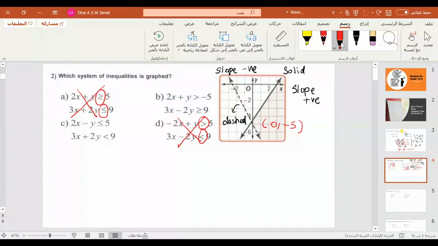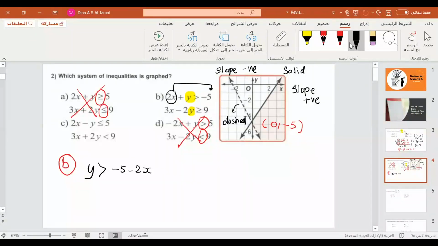So let's now check B and C. Option B: let's keep y alone. At first, you have y greater than -5 minus 2x; move it to the other side.